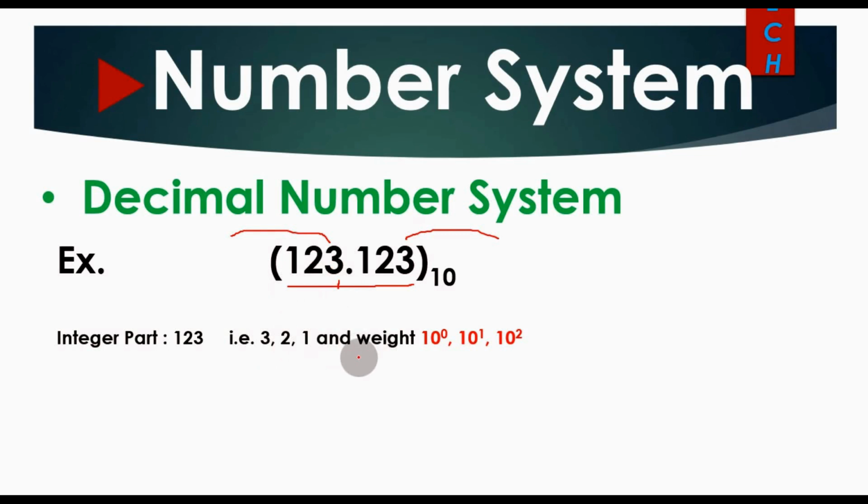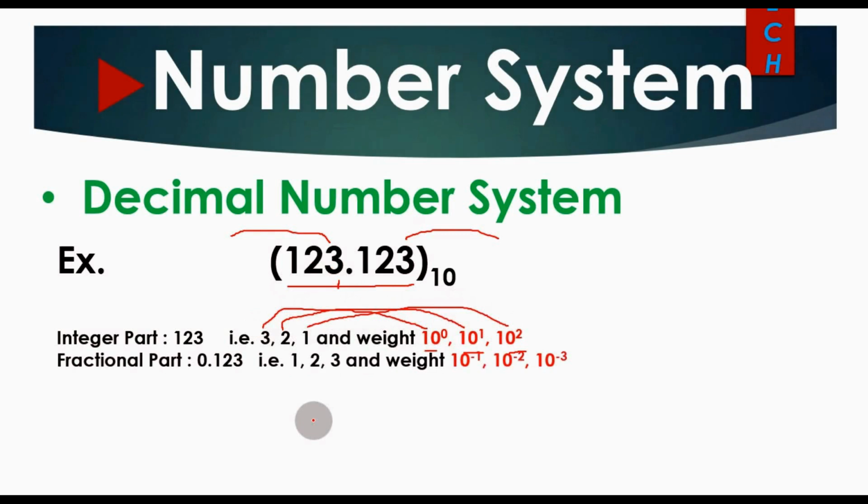The weight of 3 is 10 to the power 0, the weight of 2 is 10 to the power 1, and the weight of 1 is 10 to the power 2. For the fractional part 0.123, the weight of 1 is 10 to the power minus 1, 2 is 10 to the power minus 2, and 3 is 10 to the power minus 3.